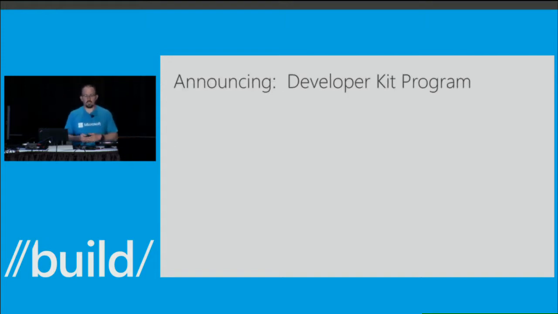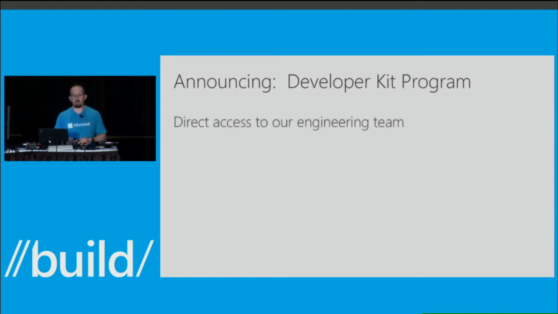So yesterday we announced a new developer kit program, because we know there are a lot of developers like you guys who come to these events and want to be on the cutting edge and part of what's new. The developer kit program is going to give direct access to our engineering team through a private forum as well as private webcasts.